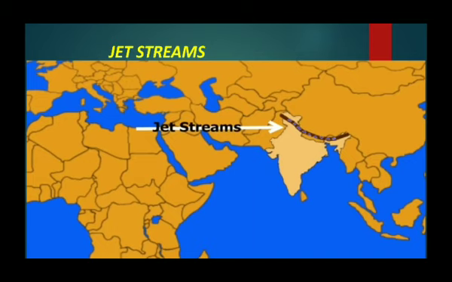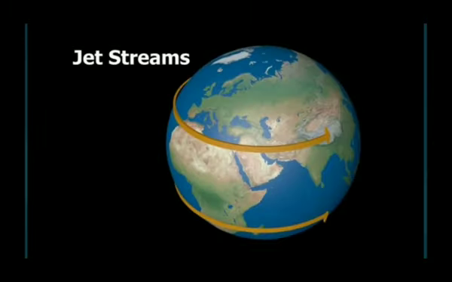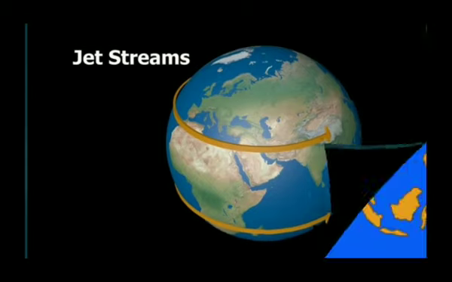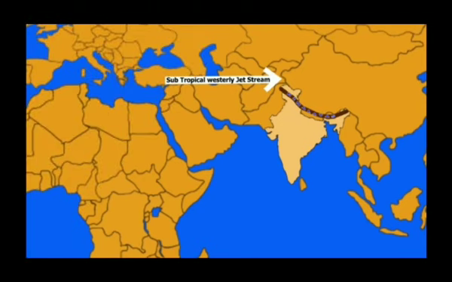These jet streams are located approximately over 27 to 30 degrees north and south latitudes. You can see it over this slide. Therefore, they are known as subtropical westerly jet streams.